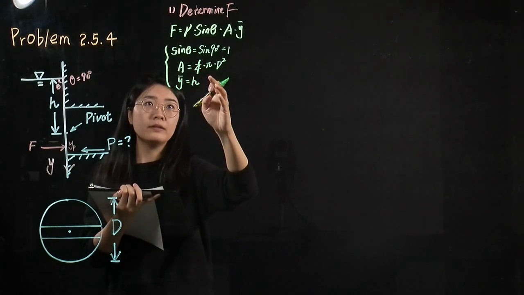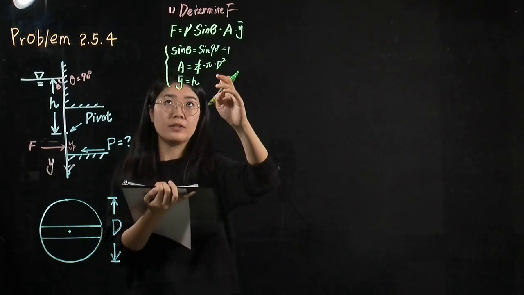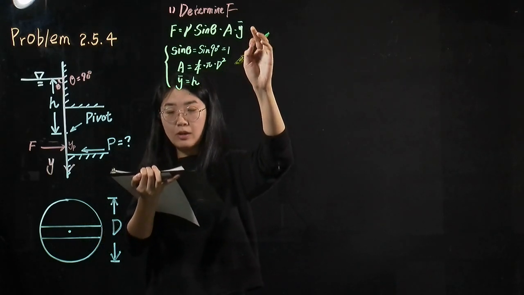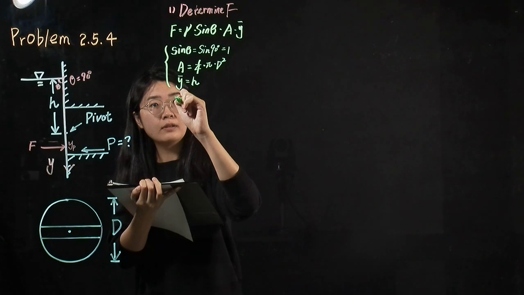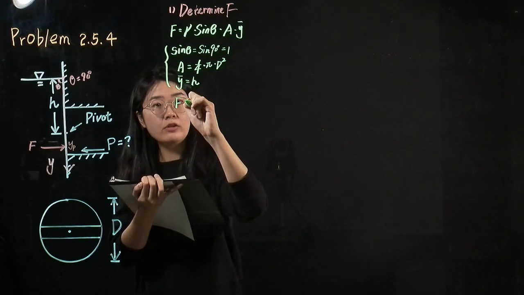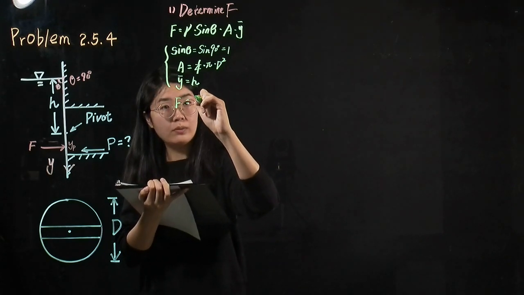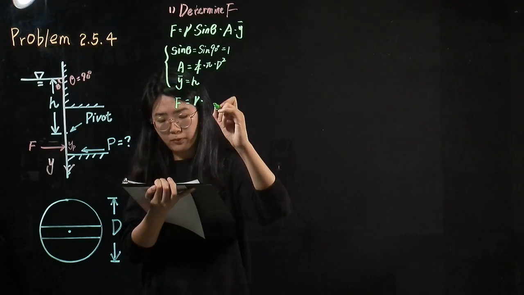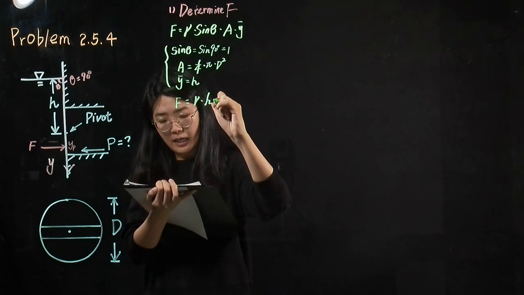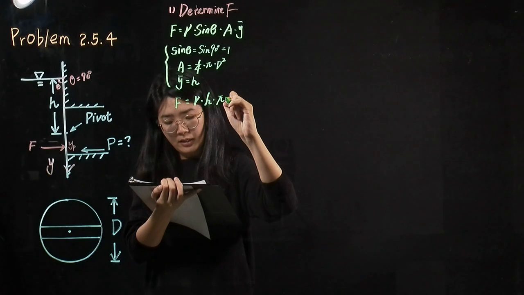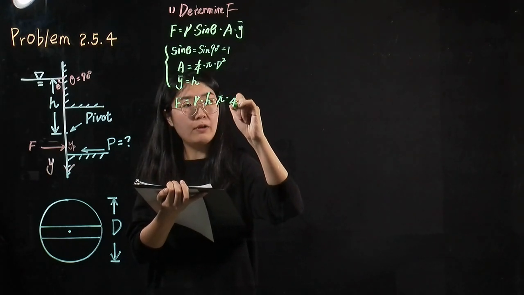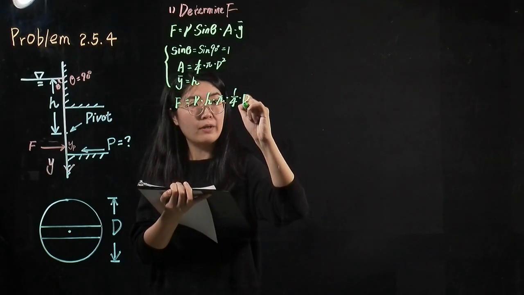So if we bring these three into this equation, we will get the magnitude of force equal to the specific weight of water times h times pi times 1/4 times d squared.